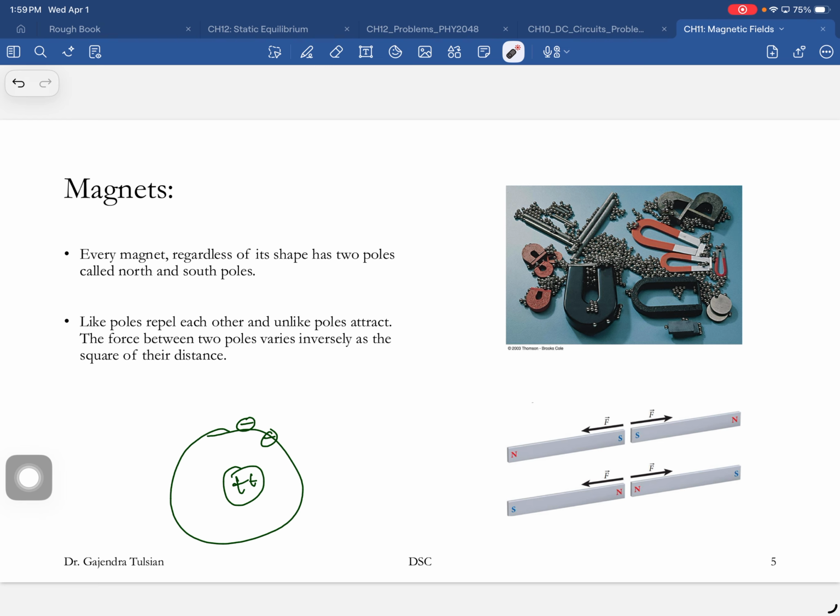So the north pole acts like the positive charge, and the south pole acts like a negative charge. If you put a little magnet here, the north pole goes in this direction and the south pole goes in that direction. That's how they line up. Little compasses will line up tangent to the magnetic field, with the north pole pointing in the direction of the magnetic field. That's how you can map the magnetic field lines.